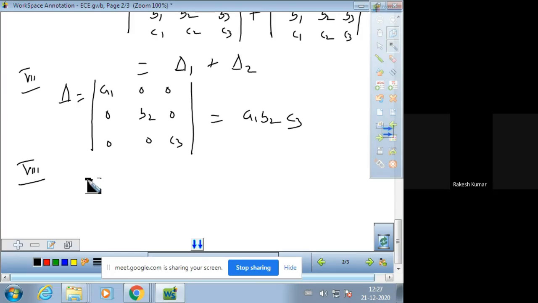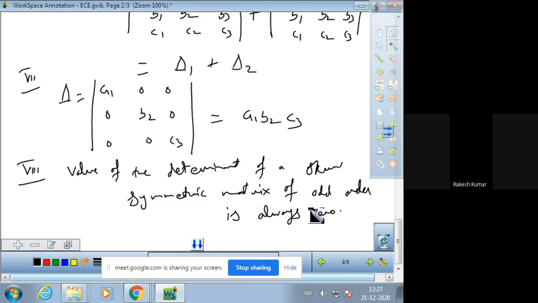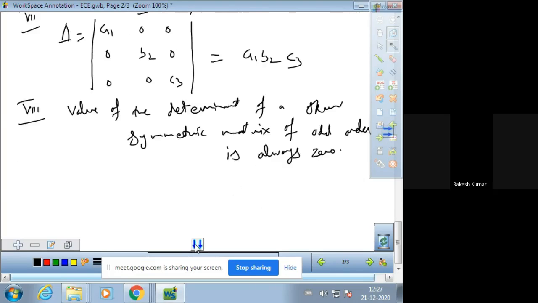The determinant of a skew symmetric matrix of odd order is always zero.